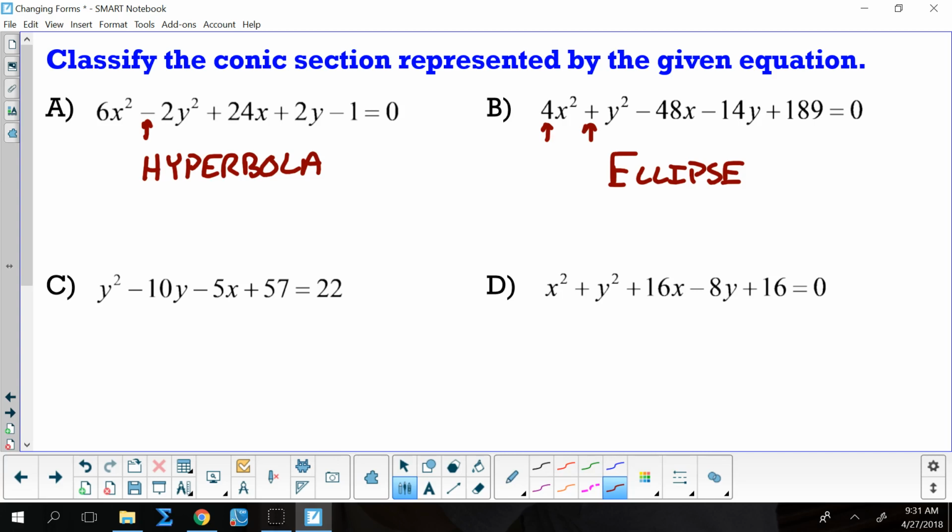C. What do you think C is? Why parabola? Only 1 squared term. D. Why circle?